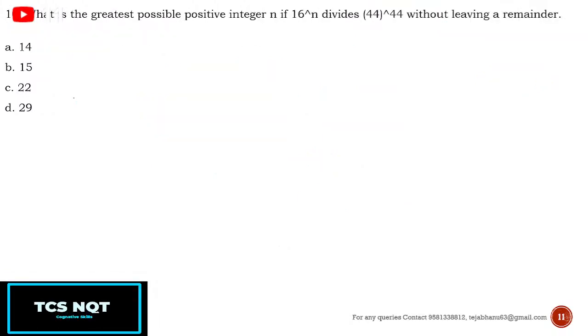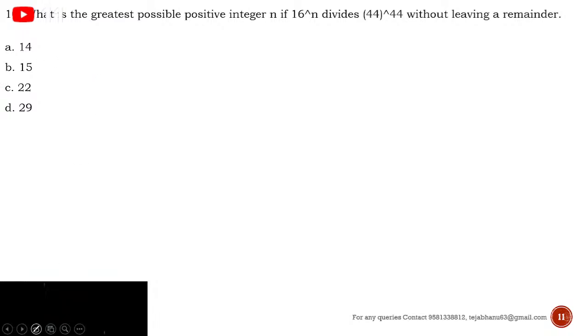What is the greatest possible positive integer n if 16 power n divides 44 power 44 without leaving remainder? Have a look.